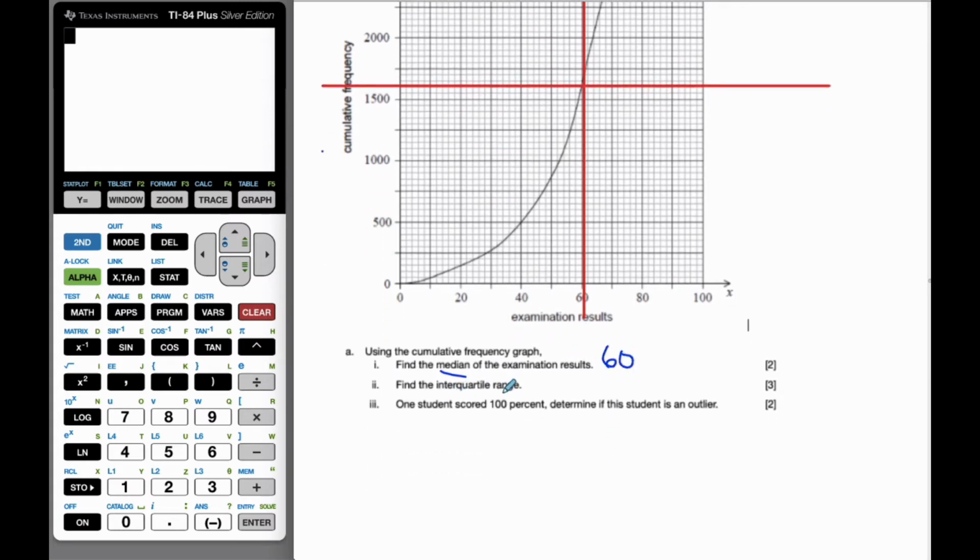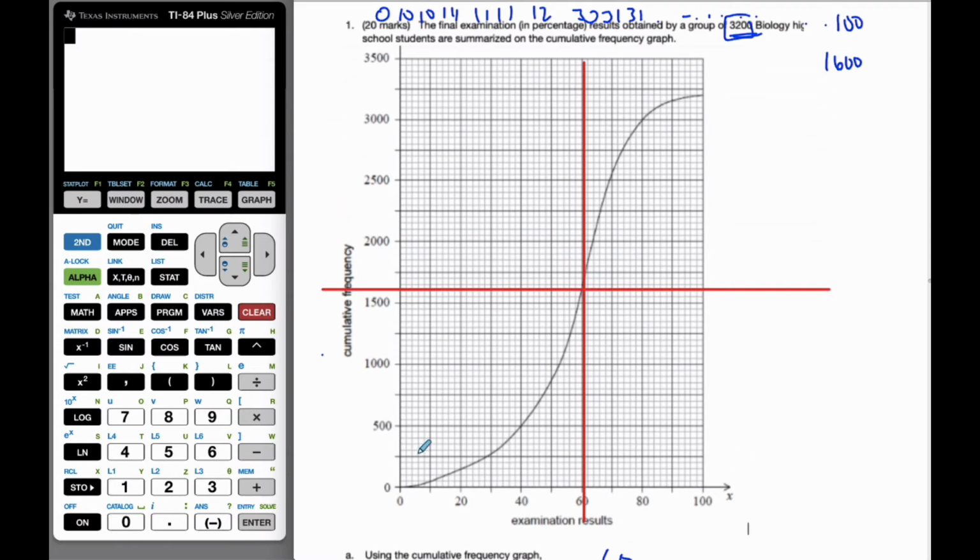Now I want the interquartile range. The interquartile range is Q3 minus Q1, where Q3 is the 75th percentile. So if I take 3,200 times 0.75, I get 2,400. I'm looking for the student that would be 2,400 in the list.